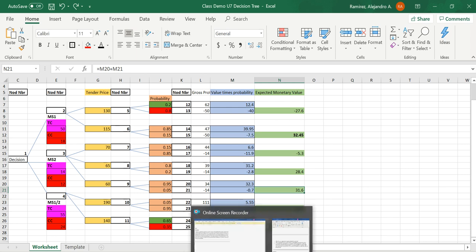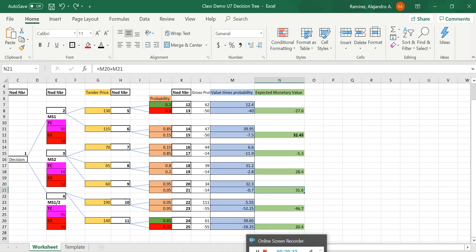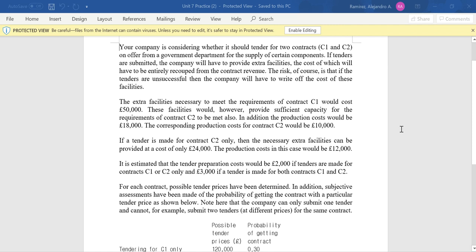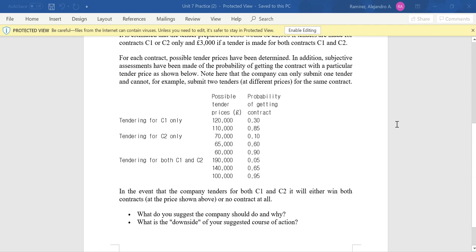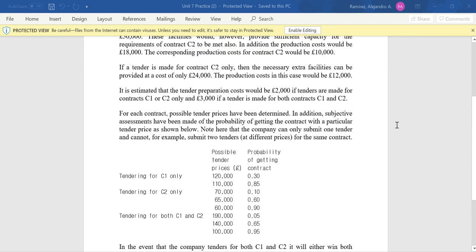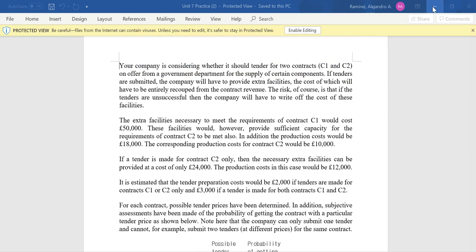In your assignment, you're going to be doing something very similar. You have to consider the different transactions, which one has higher risk, lower risk, possibility, probability, and then from there you will suggest which is the best action, which is the best option, and what is the downside and the upside. You will do it from scratch.